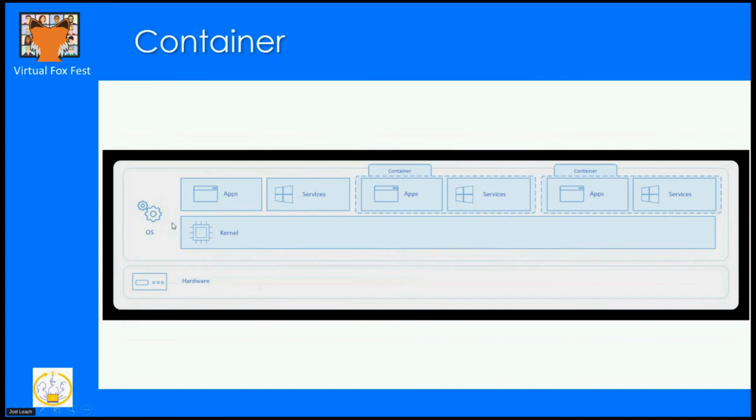Containers, on the other hand, run on top of the kernel of the host operating system. Here you can see I have two containers running on top of the kernel. This still provides some isolation and protection from other things running on the system, but containers are much more lightweight than VMs, and more importantly, they are easy to deploy into these existing environments.